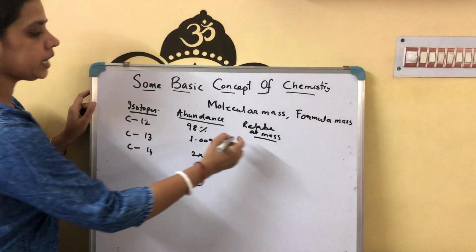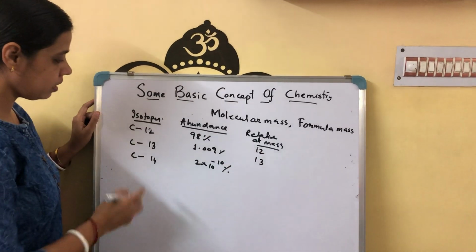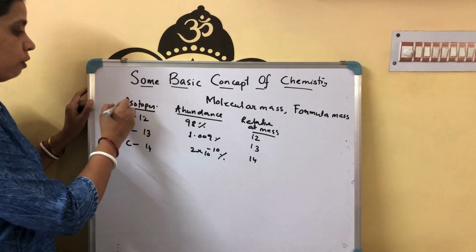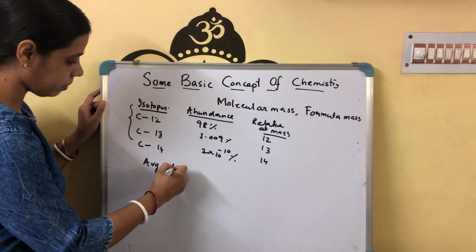For C12 the relative atomic mass is 12, for C13 it is 13, and for C14 it is 14.